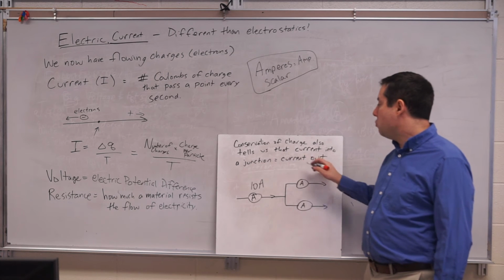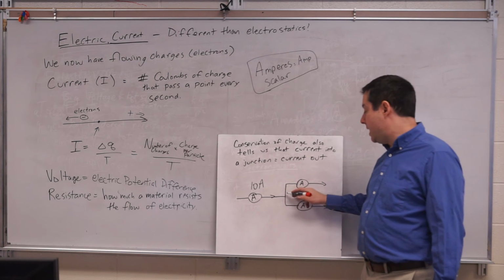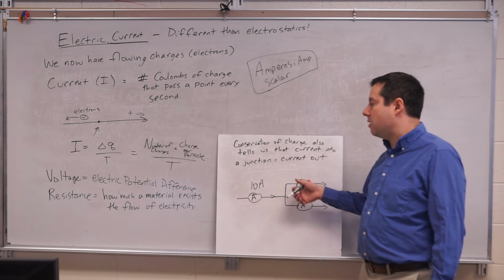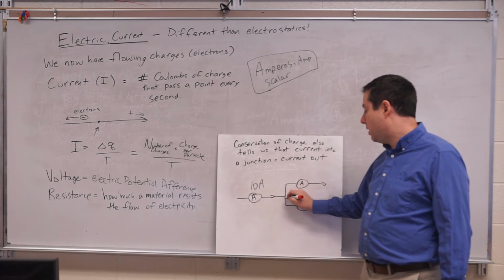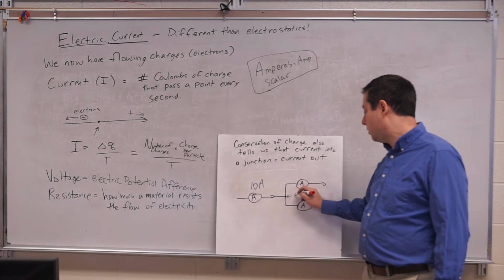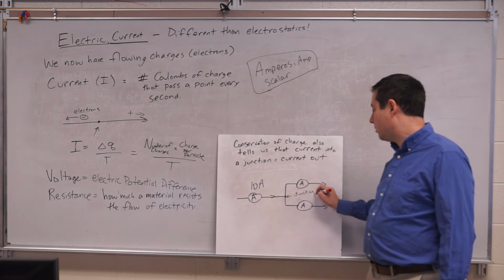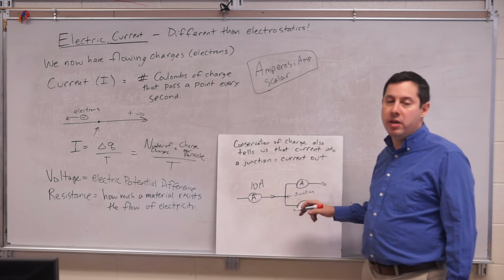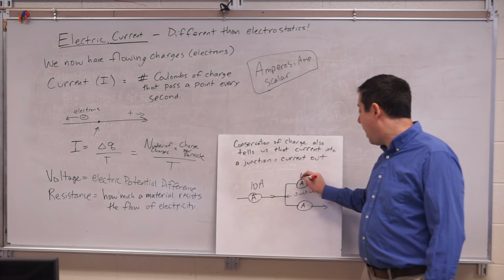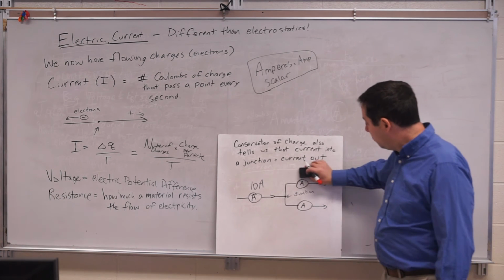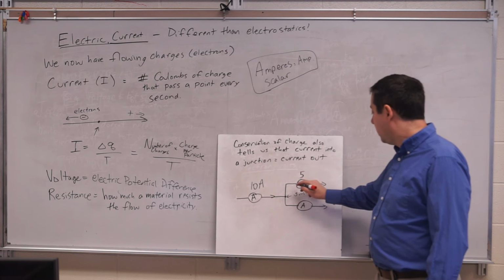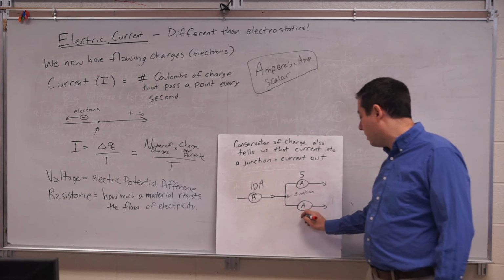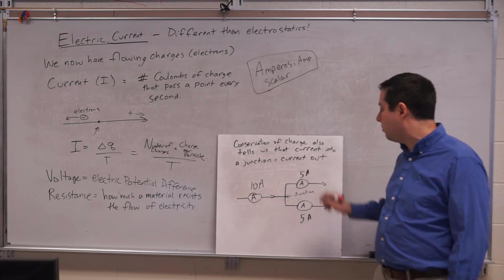So when you come to a junction, the current in has got to equal the current out, meaning the number of coulombs total per second that comes in has got to equal the amount out. That would be your junction right there. So two separate ammeters, and there's different reasons why current might flow in different amounts. But we know that if you measure 5 amps through the top, and it's going out this way, well, if you've got 10 coming in, you got to have 10 coming out, so you got to have another 5 amps at the bottom as well.